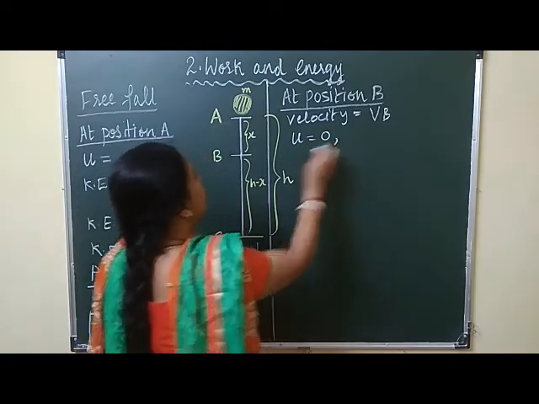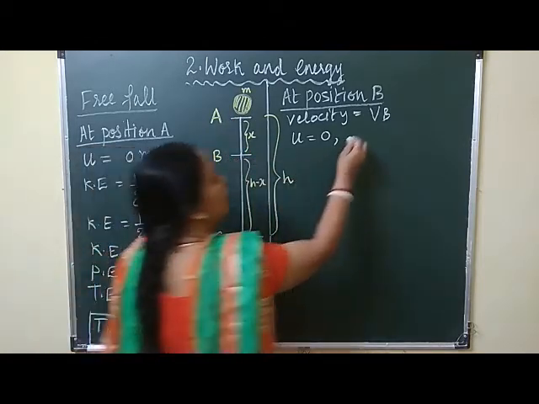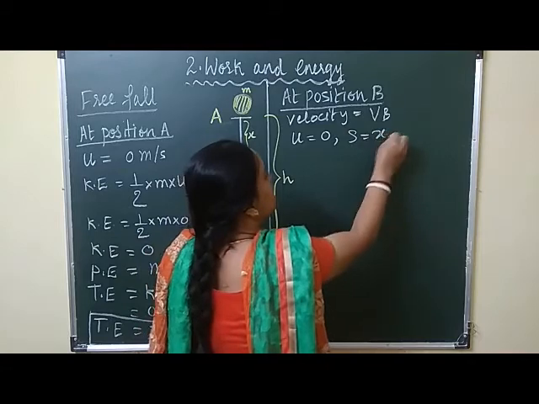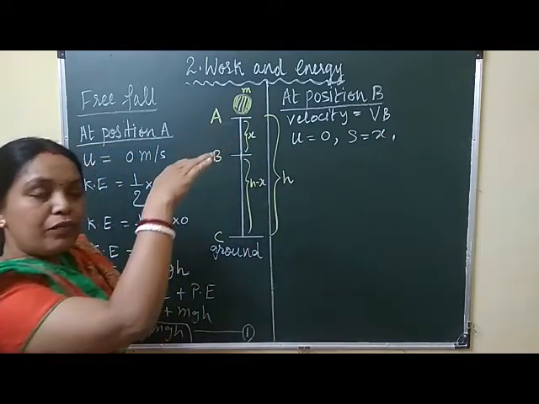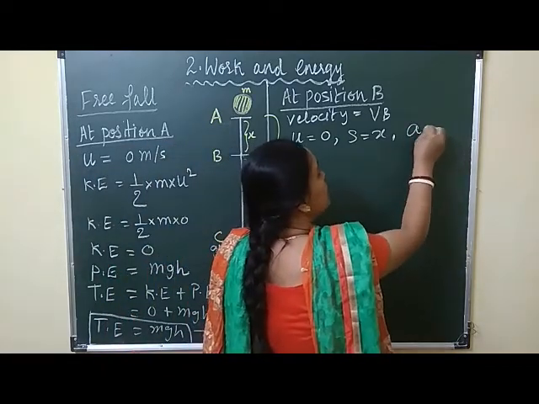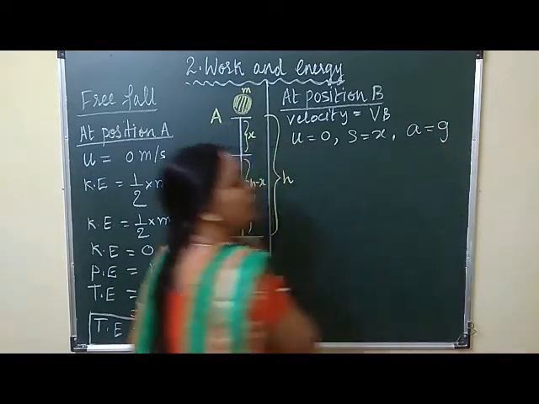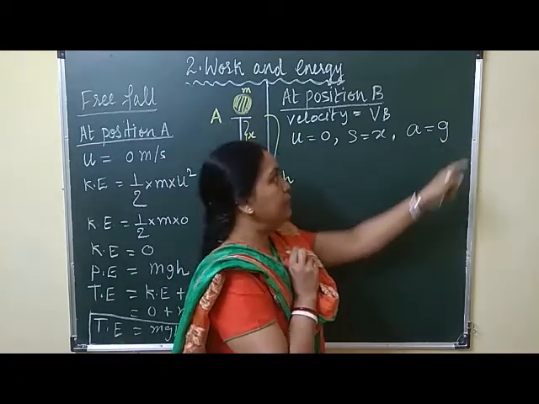The distance which it is covering, that is s, is equal to x, and it is coming under the force of gravitation. So the acceleration is the acceleration due to gravity, that is a equals g.